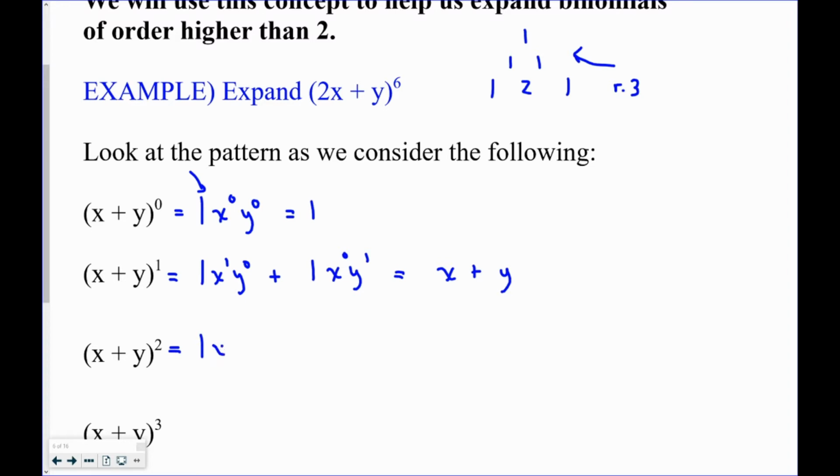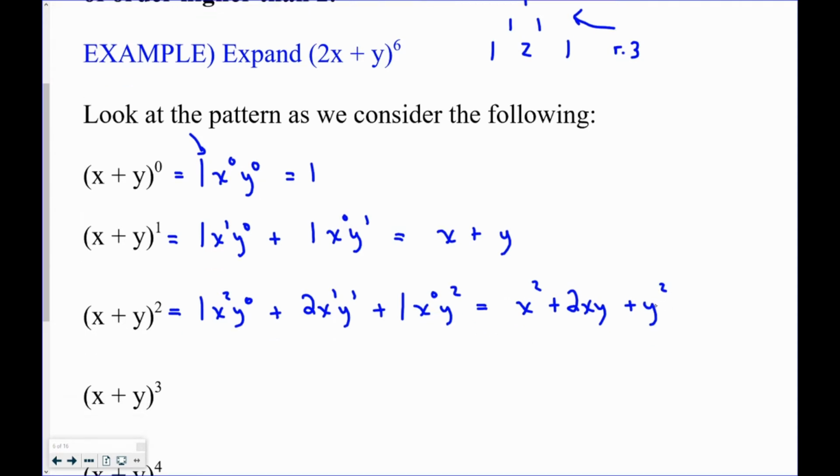Well, you get 1 x squared y to the 0 plus 2 x to the 1 y to the 1 plus 1 x to the 0 y squared. Now, this isn't obvious, but if you clean it up, what do you get? You just get x squared plus 2xy plus y squared, right? I just evaluated all the powers of 0. This is the regular expansion that you would get.